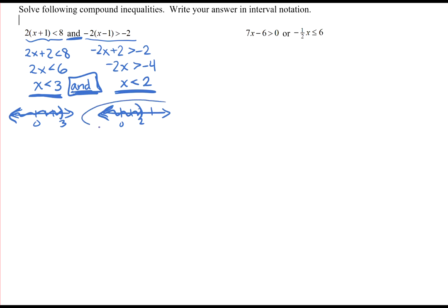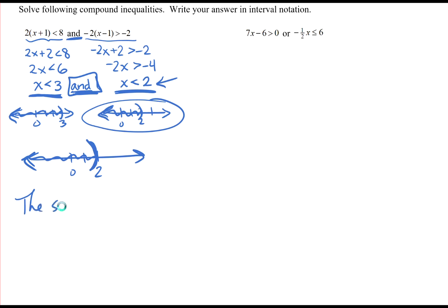So my final result would just be from 2 on down the page. Because I don't include 2 in this one, I also can't include 2 in my final answer. So the solution set would be from negative infinity to 2, excluding the 2.